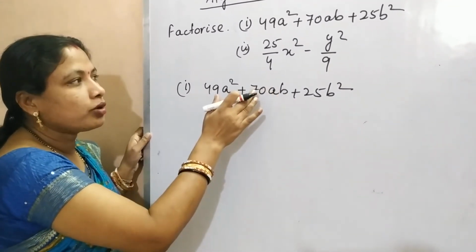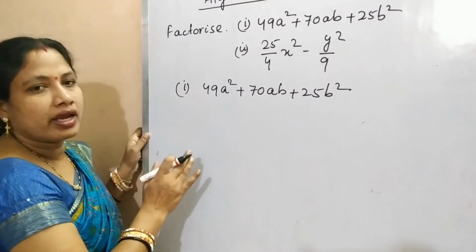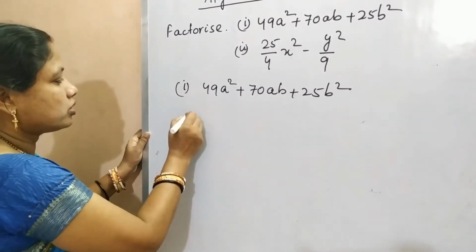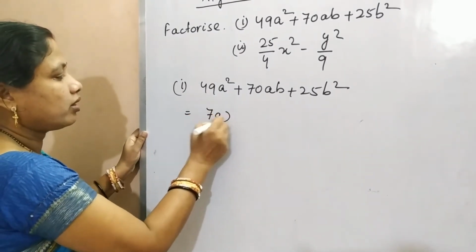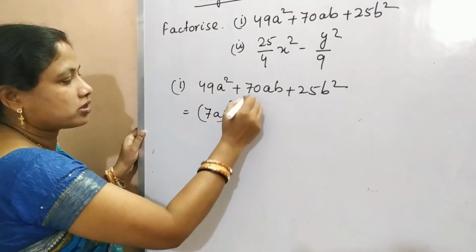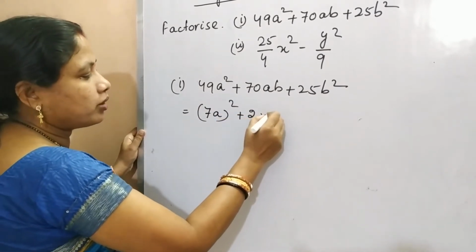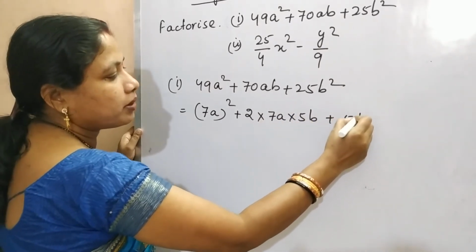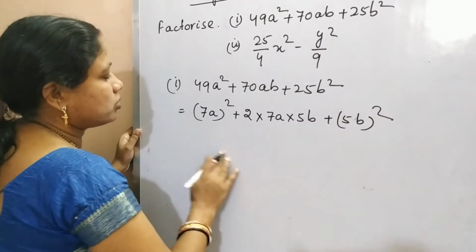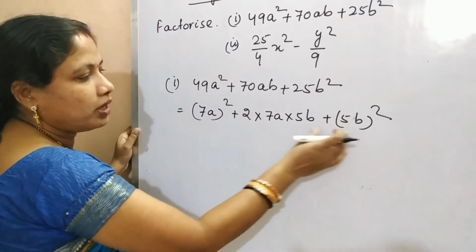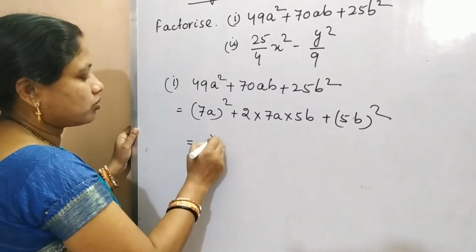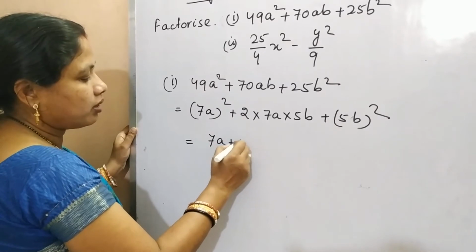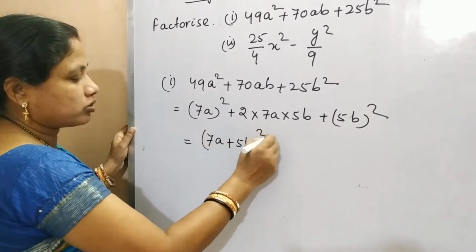So we have to apply that identity (a + b)². So this is equal to (7a)² + 2 × 7a × 5b + (5b)². So this is a² + 2ab + b². So this is equal to (7a + 5b)².